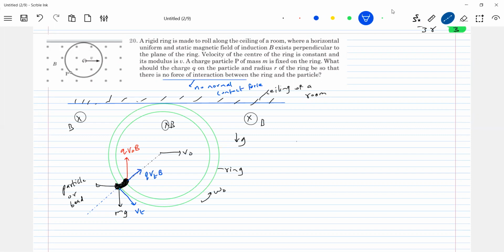Along the y-axis, it will provide the required centripetal force here. I'm just going to stand on the ground. Let me write: I'm a person standing on the ground. Now write down the equation.